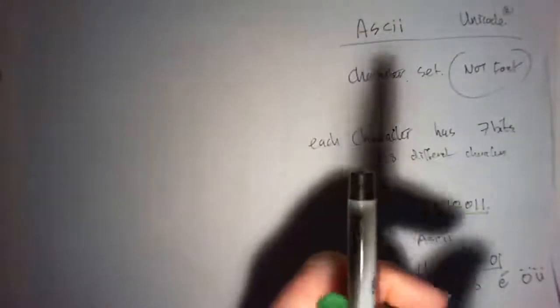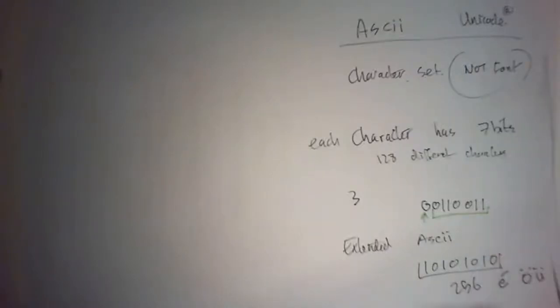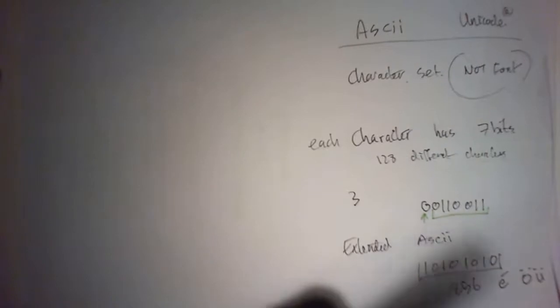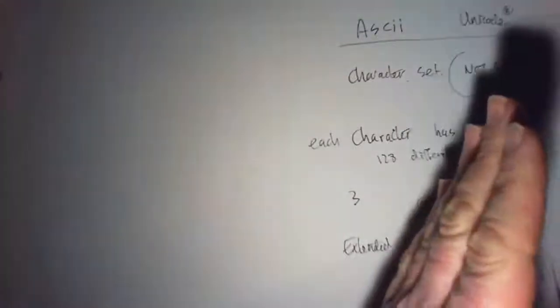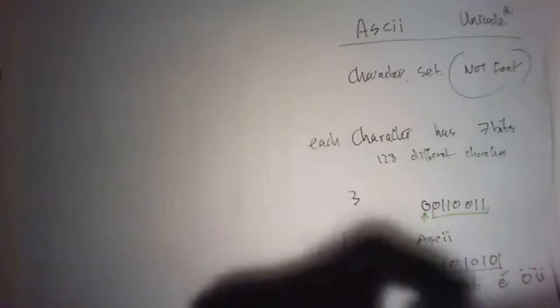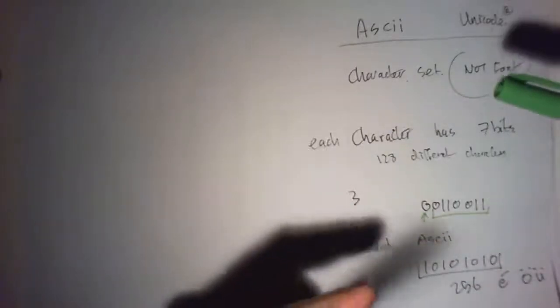But you can see the problem here. It's only European languages. Remember, the whole point of ASCII originally was that it was used to standardize the characters so that when computers in America in one college were talking to another college, the information wouldn't be lost or misinterpreted.